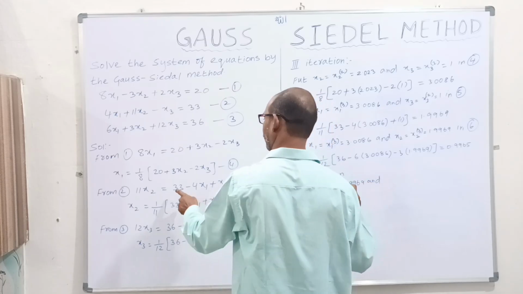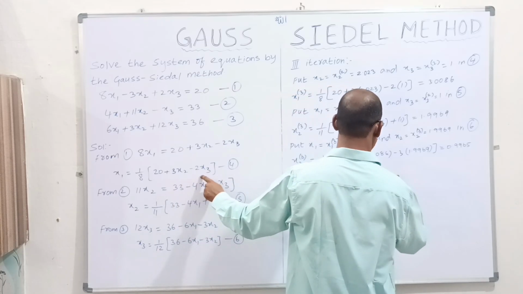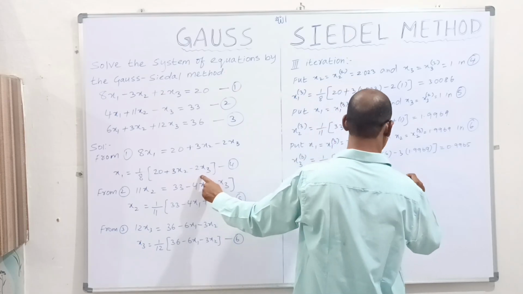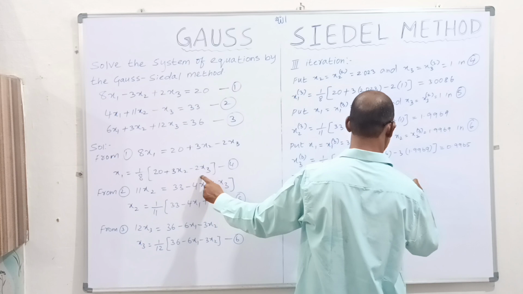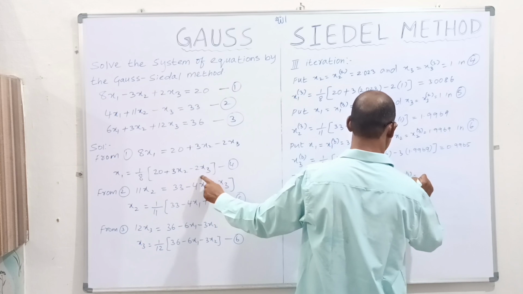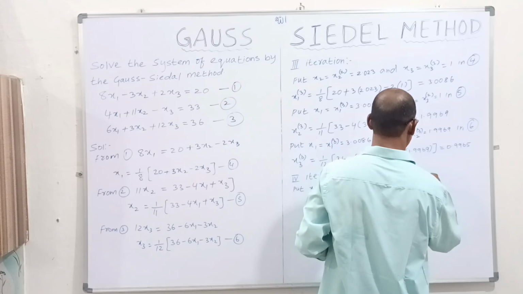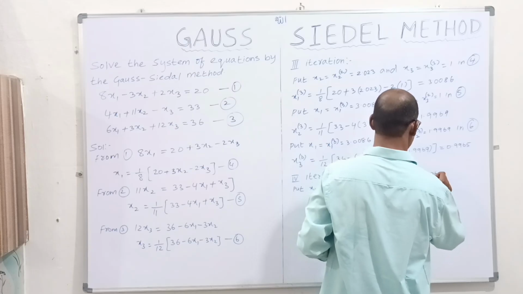And x3 equals x3 from the third iteration. So that is equal to 0.9965.